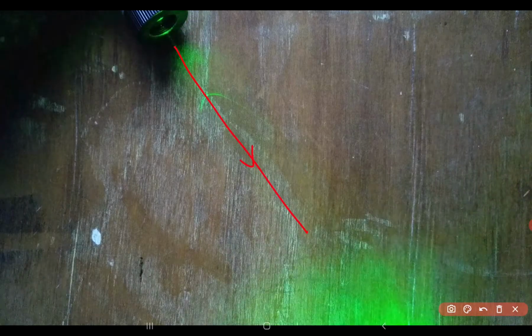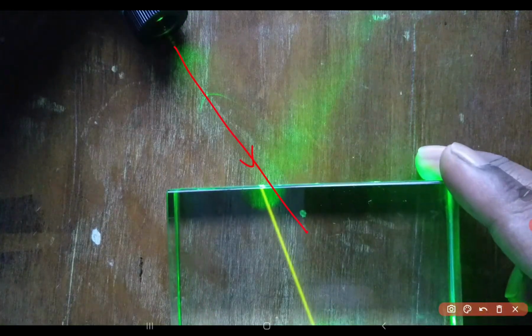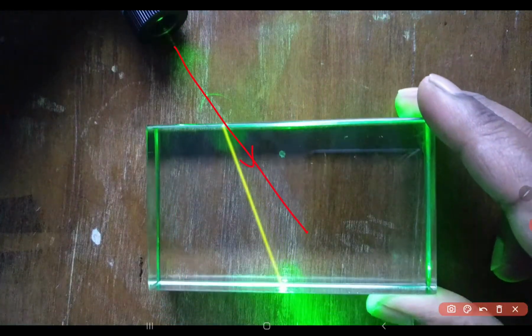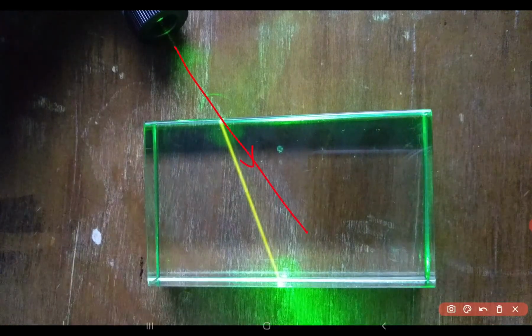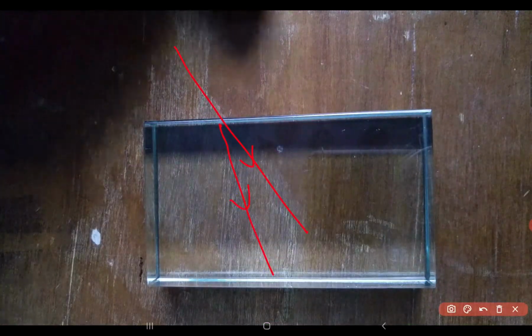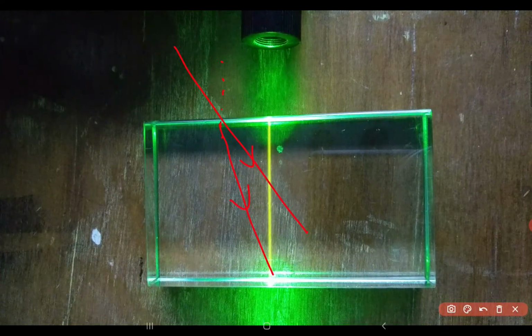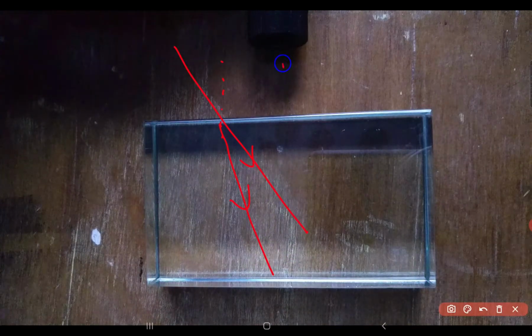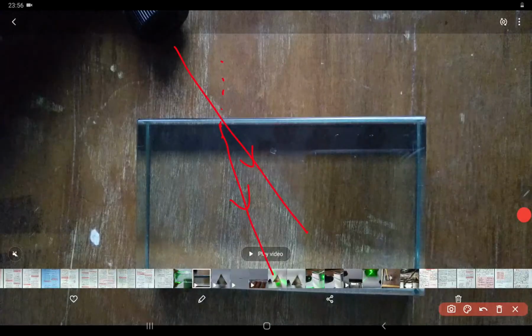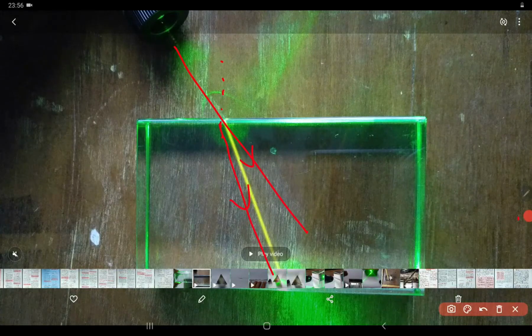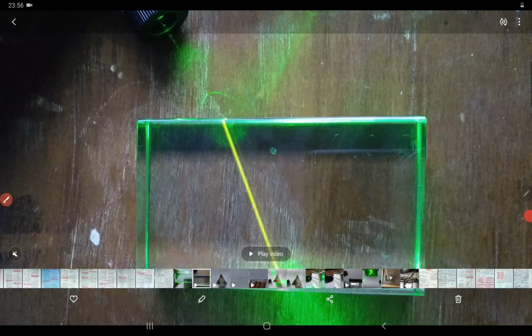If there was no glass slab, here you can see the ray goes straight. Now once we are putting the glass slab, you can see the bending of the ray. Now the third ray could not be seen, but if I shoot the ray in this way, there is no refraction, it is going straight. I hope this is clear.